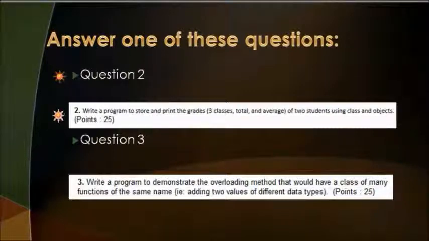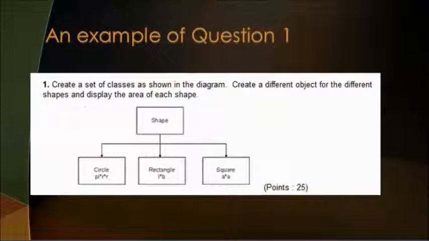The second question asks you to write a program to store and print the grades, 3 classes, so you have to make 3 classes. You have to use total and average of 2 students using class and objects. Or question 3, using the overloading method, you have a class of many functions of the same name. In other words, adding 2 values of different data types.